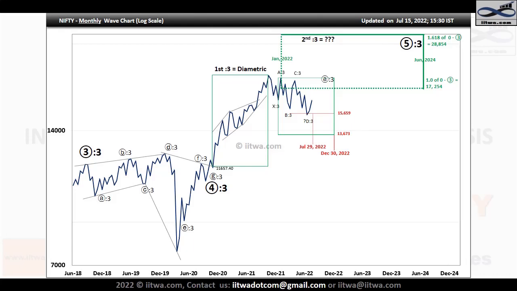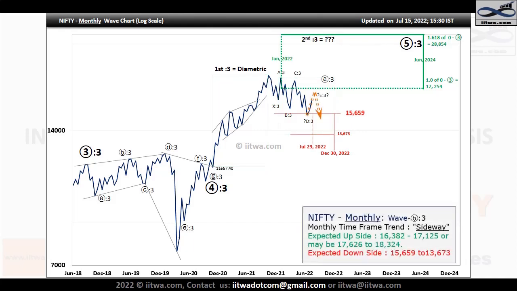By price, the second corrective pattern entered the price zone, but the pattern cannot complete without wave E. Thus, to get answers to the next two questions, we need to go to a smaller time frame, that is the weekly chart, and fine tune the structure. The two questions are where and when this second corrective pattern will end, and what will be the next move.